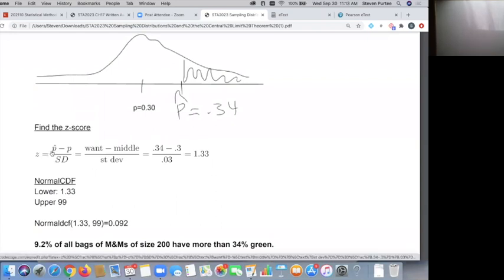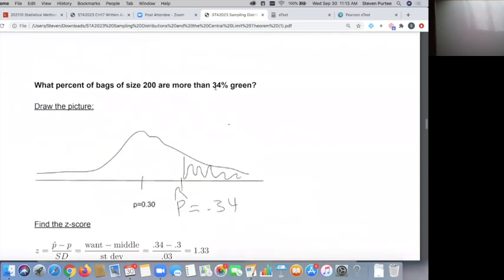Our new formula is now, remember before it was x minus mu over sigma. Now it's p hat minus p over SD. Don't think like that. Think the one you want, the one in the question, minus the one in the middle of the picture you just drew, divided by whatever standard deviation you just calculated.